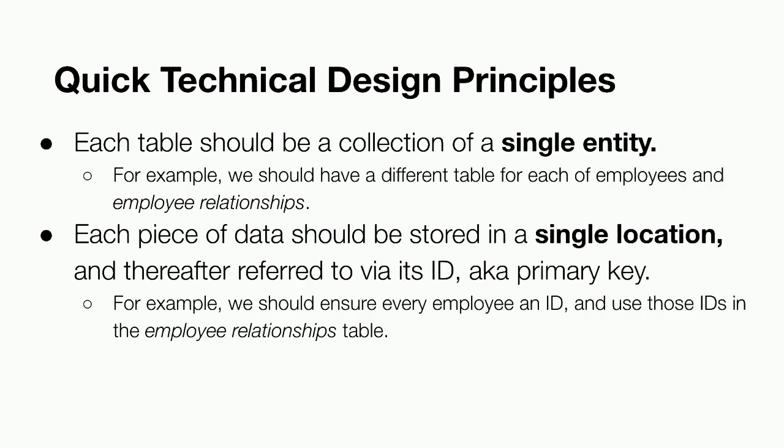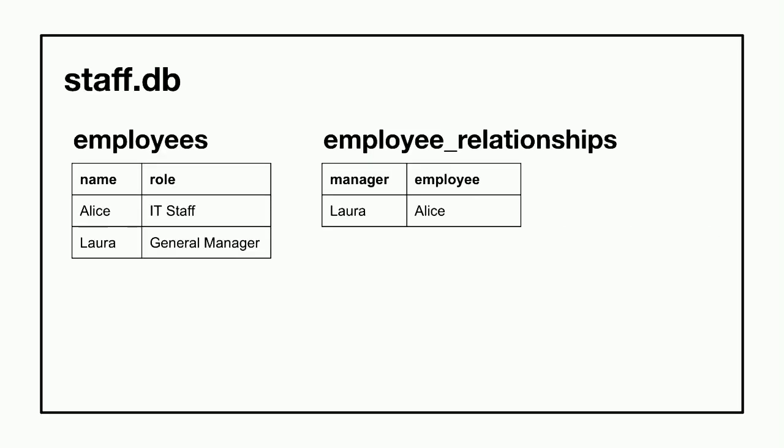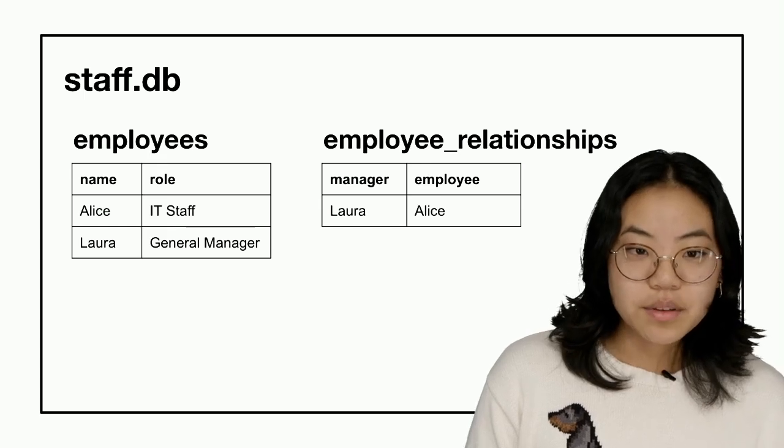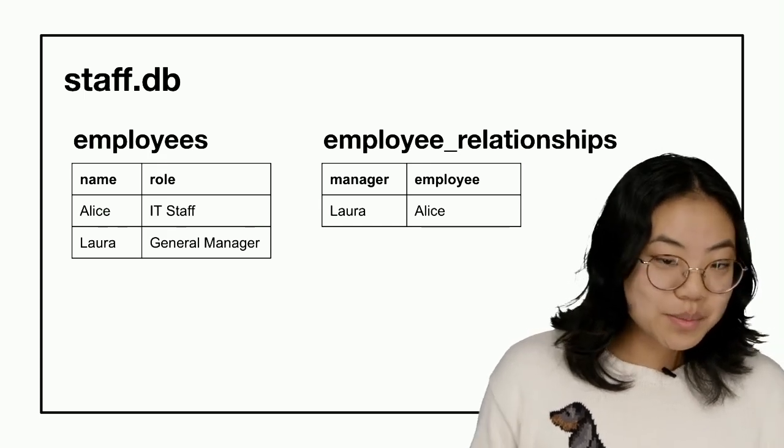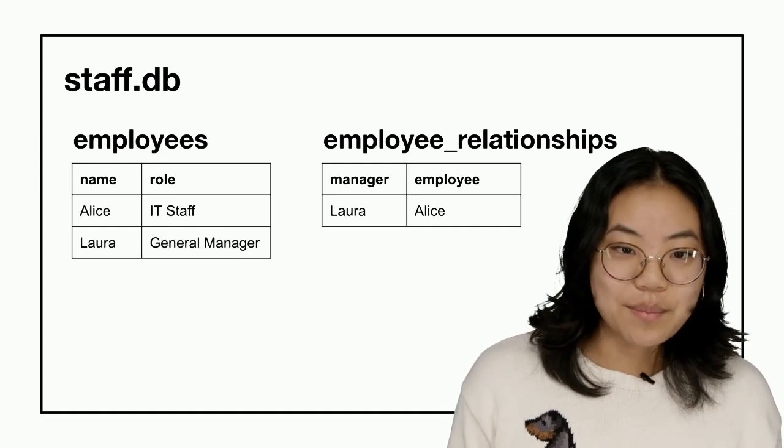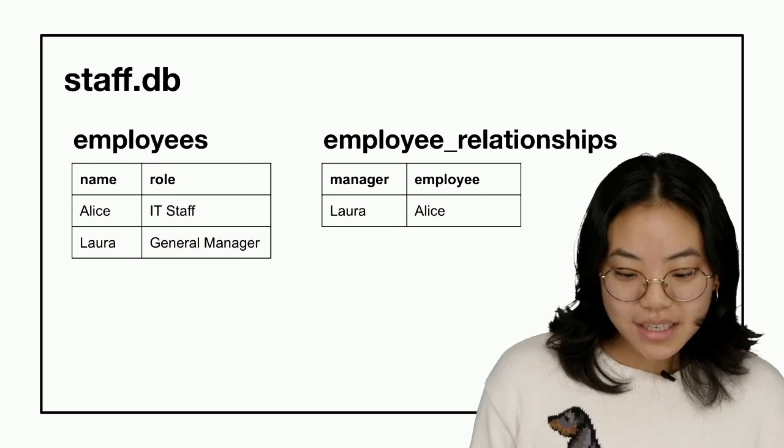Another thing that we should keep in mind is that each piece of data should be stored in a single location and thereafter referred to via its ID, aka primary key. So in this situation, we should ensure that every employee has an ID and then use those IDs in the employee relationships table. So in this previous example, it could be possible that multiple employees have the name Alice or Laura.